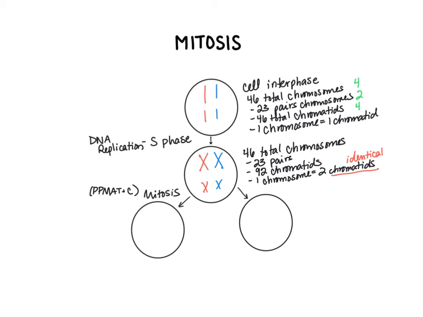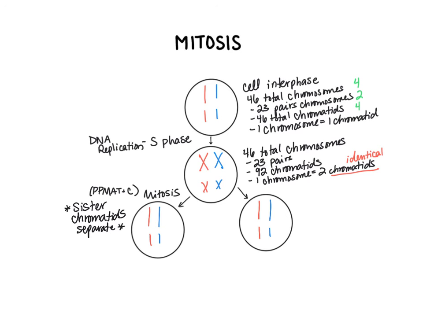So that's the key event that's happening during mitosis, that the sister chromatids are separating. So what we end up with are daughter cells that look identical to the original cell.